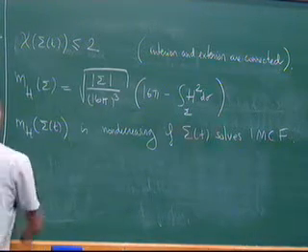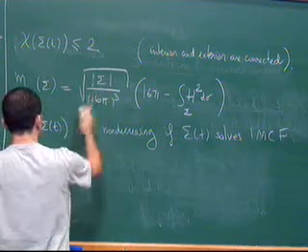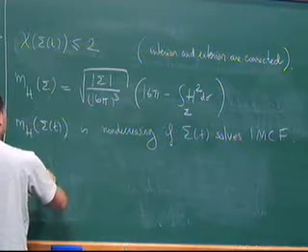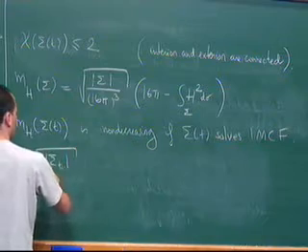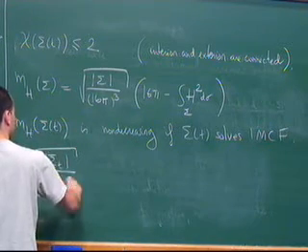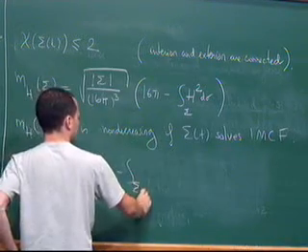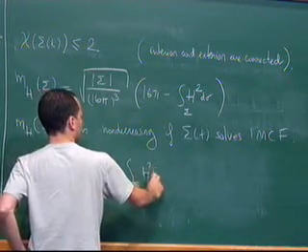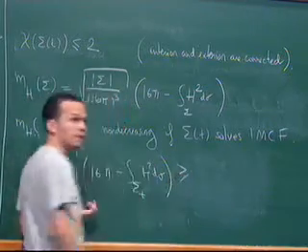But then if it's non-decreasing, then the Hawking mass of sigma of t, let me write it down again. So I get this times this at time t is going to be greater than or equal to the Hawking mass at time 0.